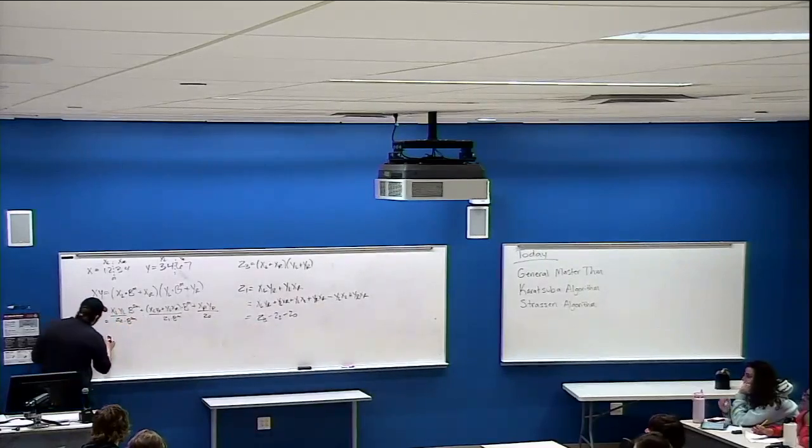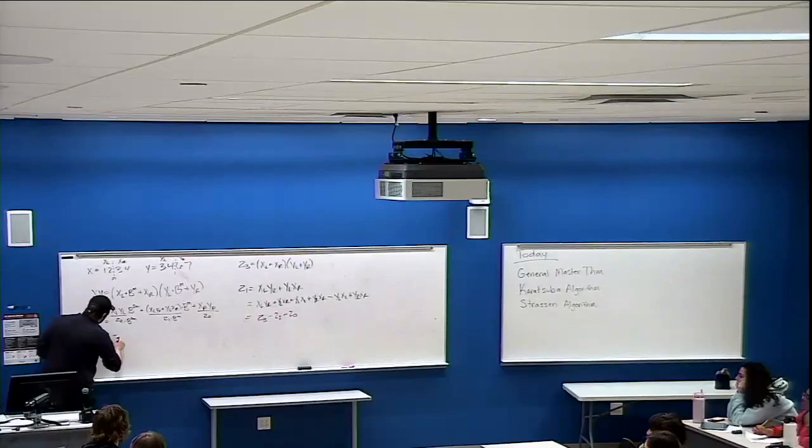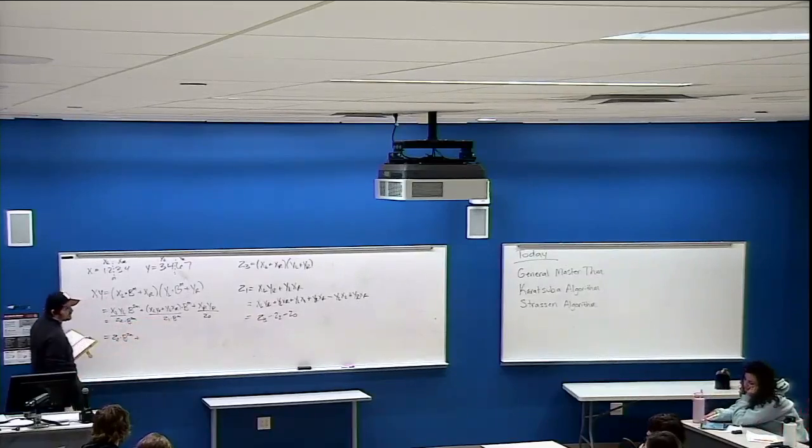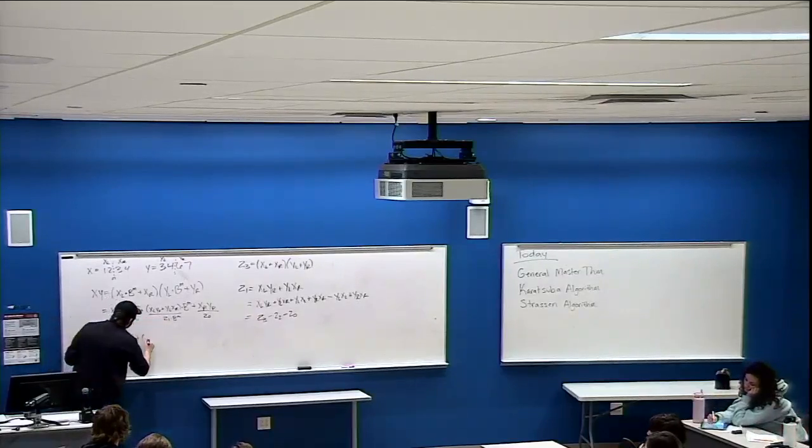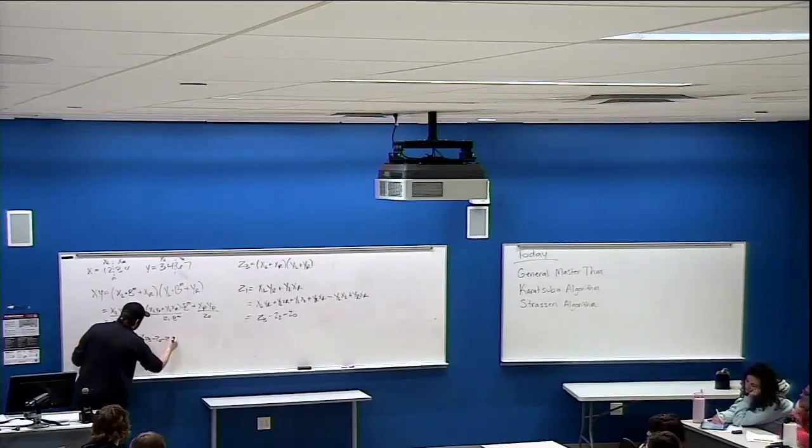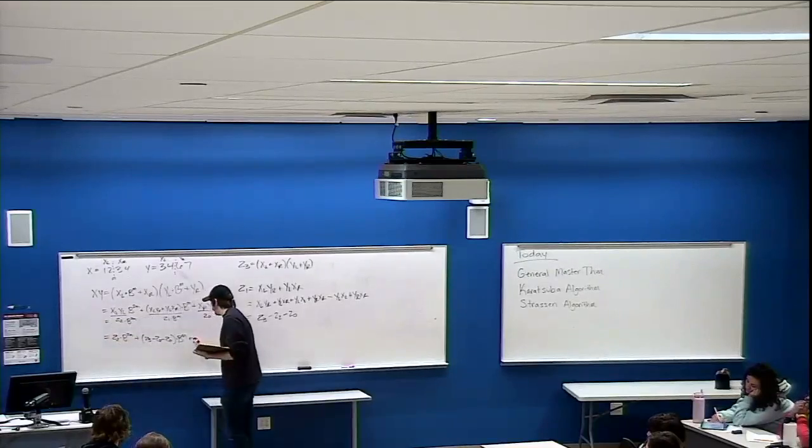And then my overall thing is now going to be equal to Z2 bit shifted plus, now this thing is all going to be equal to Z1. So it's going to be Z3 minus Z2 minus Z0 bit shifted m times, and then plus Z0.